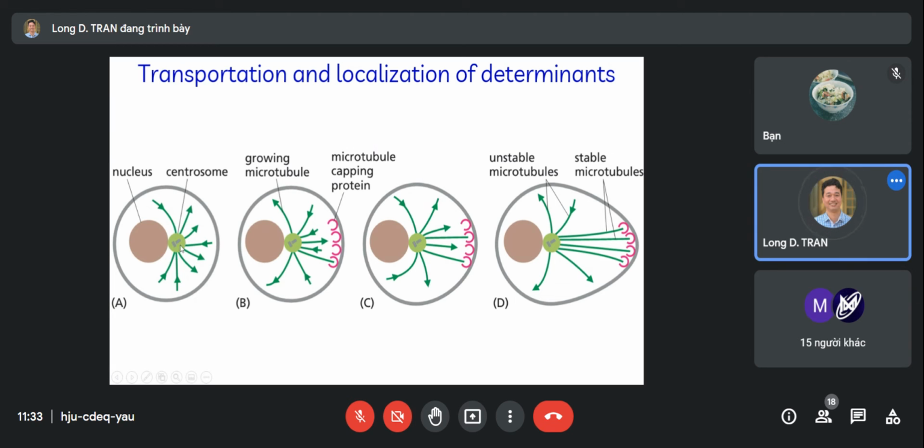As in here, the microtubule can grow from the centrosome, but depend on some region of the cell where certain factors, like microtubule stabilizing protein, can stabilize microtubule, leading to formation of parallel bundles of microtubule. This bundle of microtubule will then serve as a track for movement of many determinants toward one location of the cell to establish cell polarity.